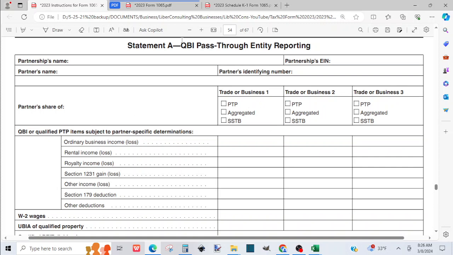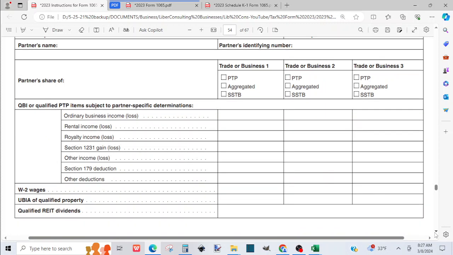Anything in the statement A for Schedule K will be divided, and you'll put the partner's portion on that partner's statement A QBI statement. If you didn't aggregate anything, you want to check it. If your business is a service, then you will check that SSTB. But they try to have multiple types of business here, if you have multiple activities that you conduct under one LLC.